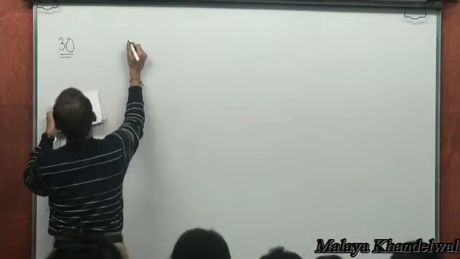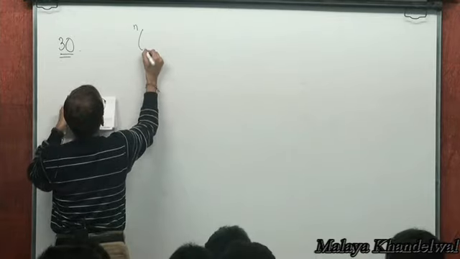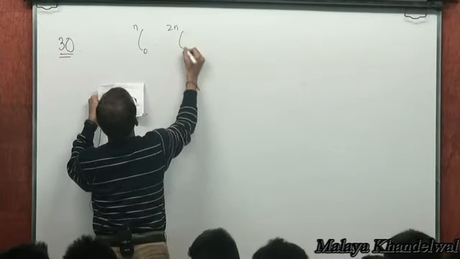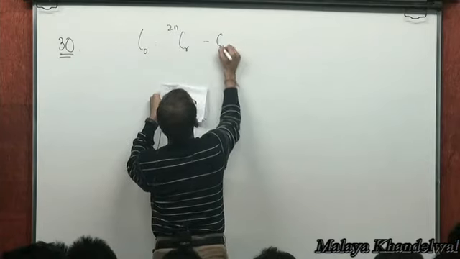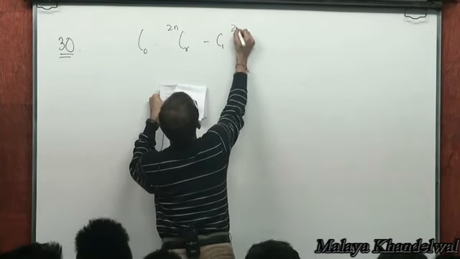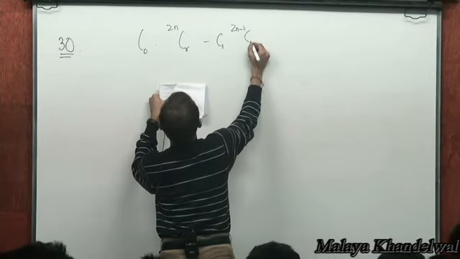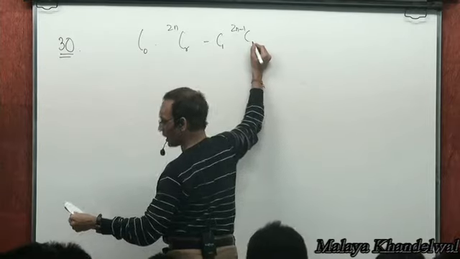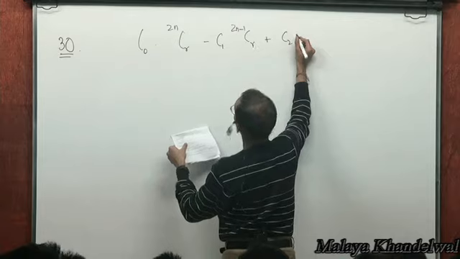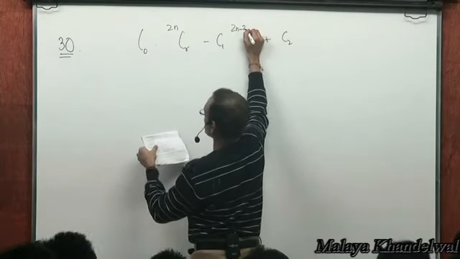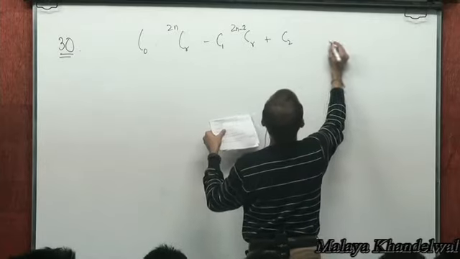Let's look at question 30. We want to find the following summation: nC0 times 2nCr, minus nC1 times 2n minus 2 Cr, plus nC2 times 2n minus 4 Cr, and so on.